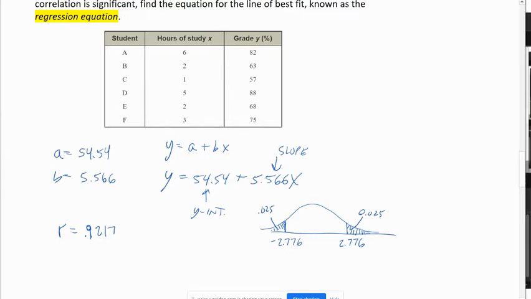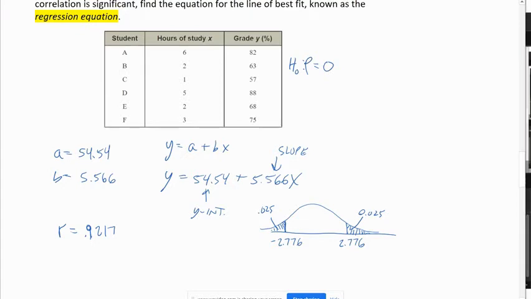Now, we didn't write down our null hypothesis, so let's do that. Our null hypothesis is that the rho value, in this case our correlation, is 0.